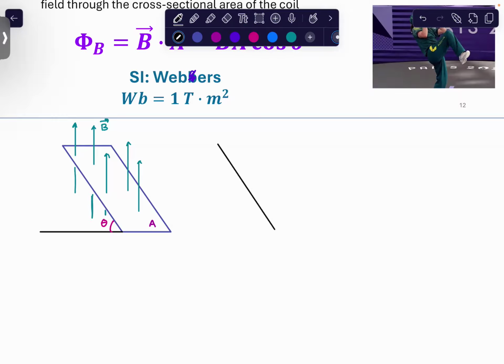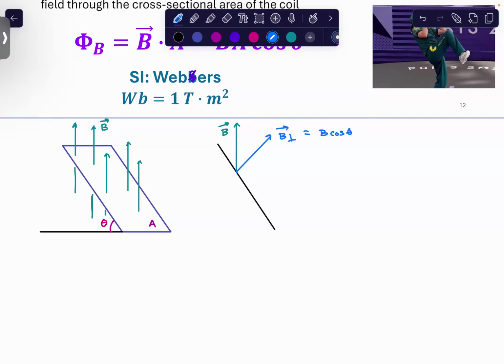So very carefully, there's your perpendicular component.